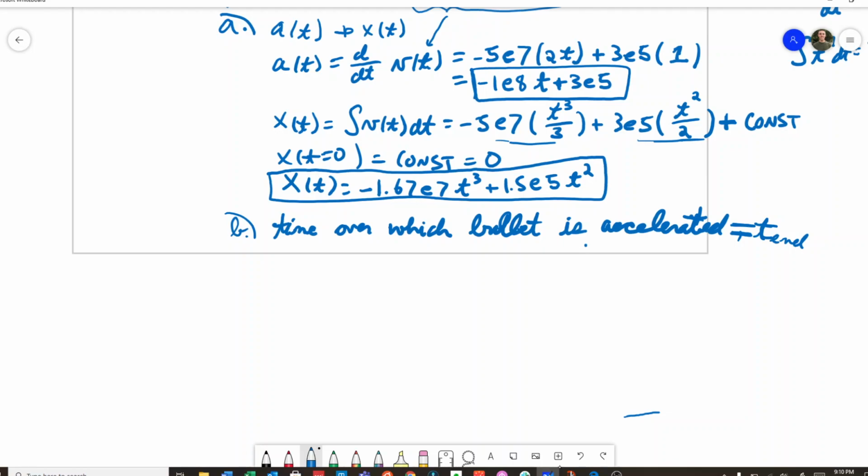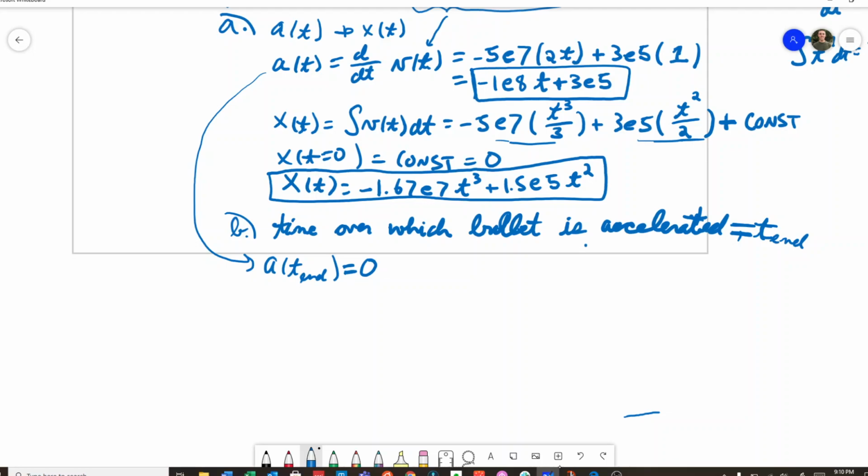So thankfully, I have a formula for the acceleration as a function of time, right? And I also know that the acceleration at t end must be equal to 0, because I was given that in the statement of the problem. The second sentence says, the acceleration of the bullet just as it leaves the barrel is 0. So the acceleration at t end, the time when the bullet is leaving the barrel, must be 0.